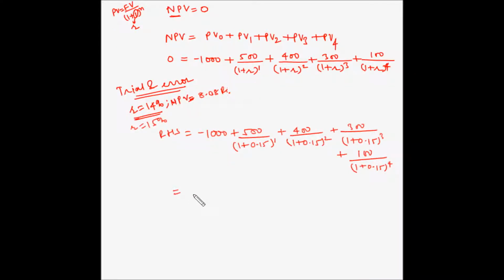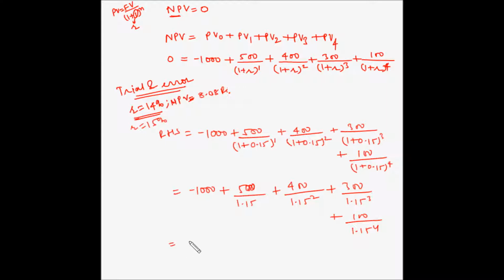So this becomes minus 1000 plus 500 divided by 1.15 plus 400 divided by 1.15 square plus 300 divided by 1.15 cube plus 100 divided by 1.15 to the power 4.